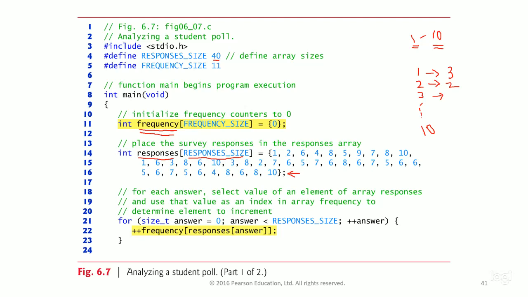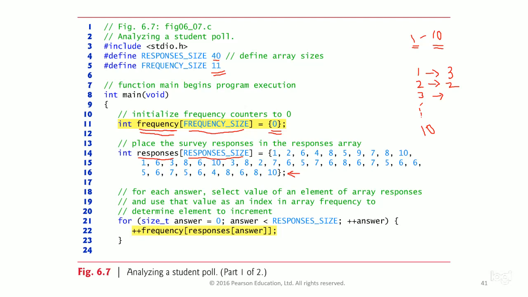The size of this is represented by frequency size, and we're setting all values to be equal to 0 initially. So we're initializing the whole array to 0. Now the size of this array is 11. You would think that this should be 10, and I mean it should be 10, but it will actually be a lot easier to write this program if you use 11 instead of 10.